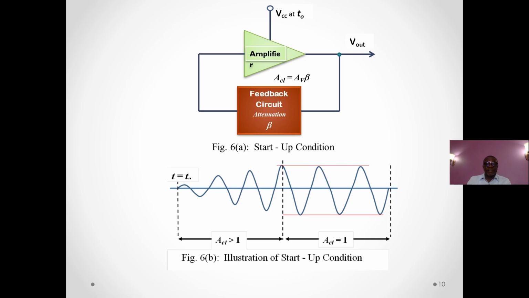So from t equals t naught to t1, where you now have the amplitude you want, the closed loop gain must be greater than 1. But when it gets to the point where you want, the closed loop gain must be equal to 1 and remain the same.